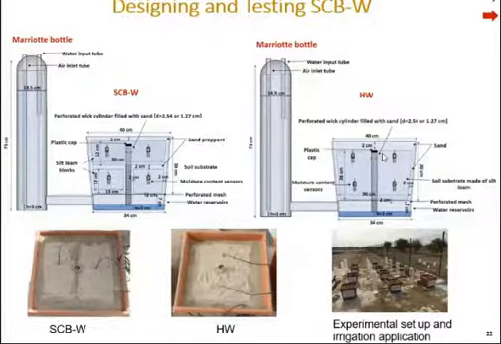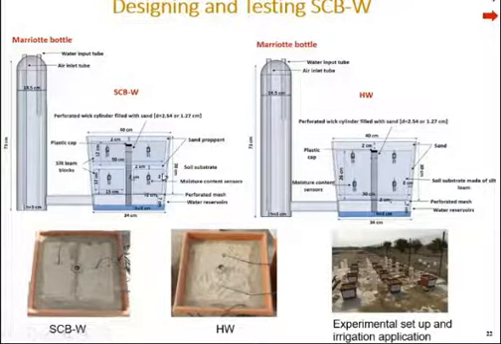I conducted an experiment where we designed a soil structure called the smart capillary barrier, which consists of a finer soil texture, in a block shape, surrounded by sand.